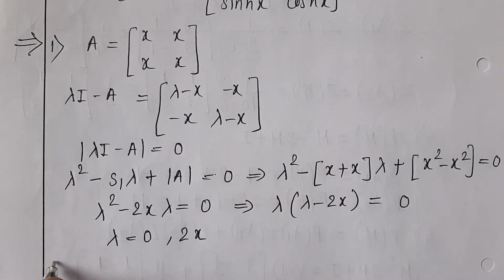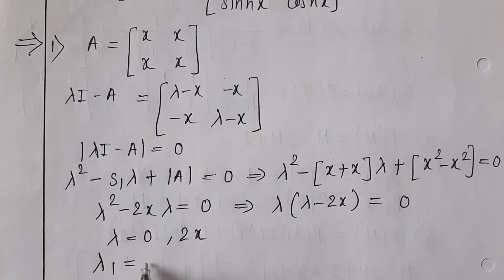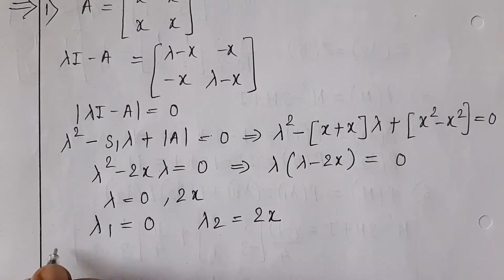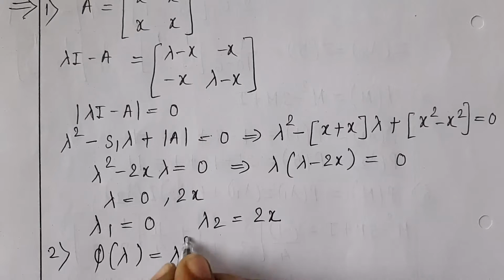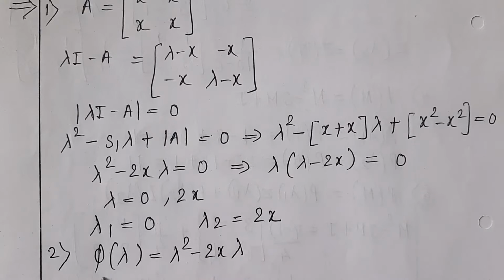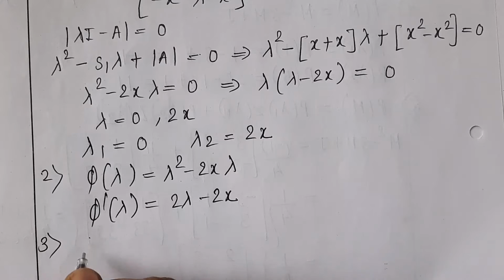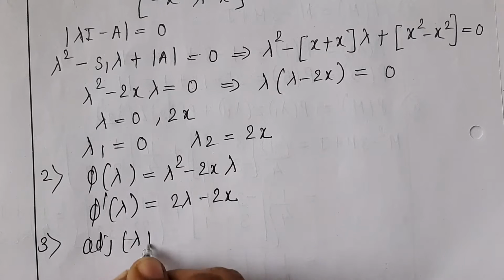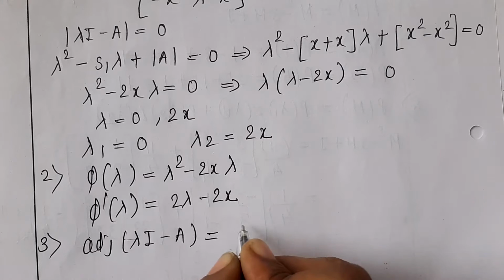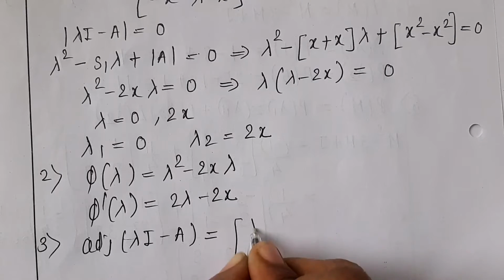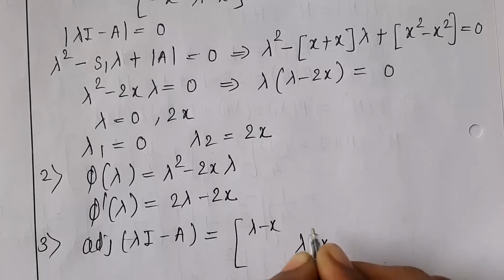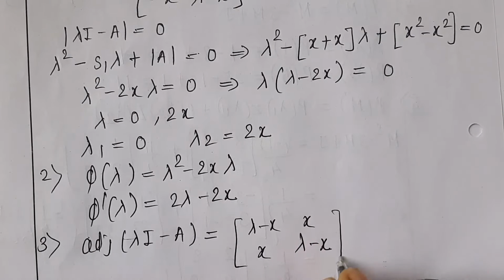Next, second step is, we denote lambda 1 is equal to 0 and lambda 2 is equal to 2x. Next we find out phi of lambda. So phi of lambda is equal to lambda square minus 2x lambda. Phi dash of lambda becomes 2 lambda minus 2x. Then we want z of lambda. For z of lambda we want the adjoint of lambda I minus A. The adjoint is found by interchanging the diagonal elements, so both diagonal elements are same and remain the same, and changing the sign of the non-diagonal elements.